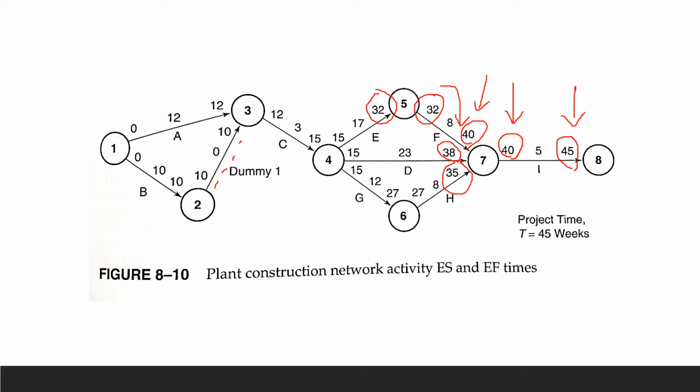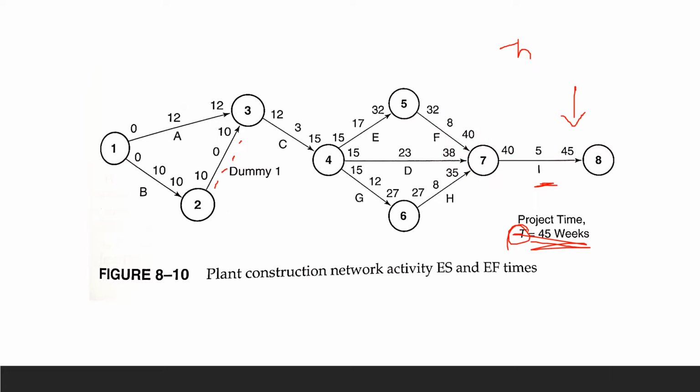We're going to start from the 40th week, and then we will do activity I. I'm going to spend 5 more weeks. So therefore, we end up with 45 weeks total, right? Big T right there, total. Finish the project at note 8. So that's pretty easy to read.